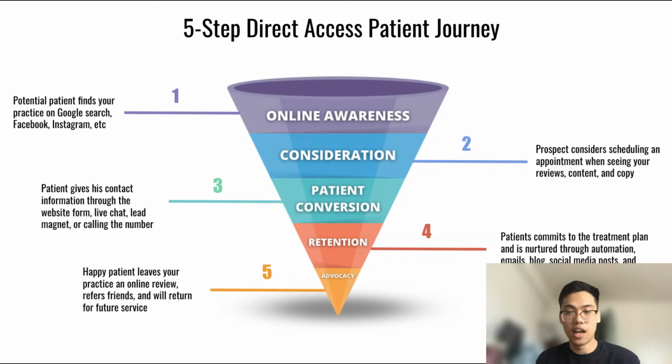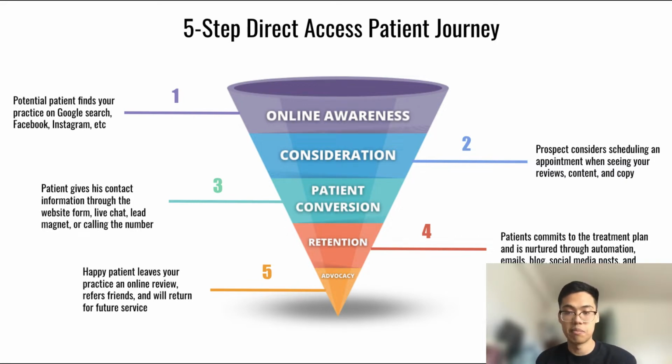So next, after they consider your practice, if they choose to go forward, they're going to get converted, which means that they're going to give their contact information, and you can have different modalities in getting that information. You can have it through a live chat, them entering the information on a lead magnet, or them just simply calling your number on your website. And after they schedule that appointment, they come in, you want them to be committed to the treatment plan, right?